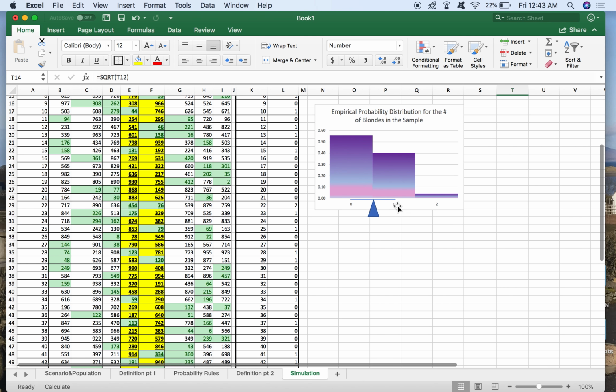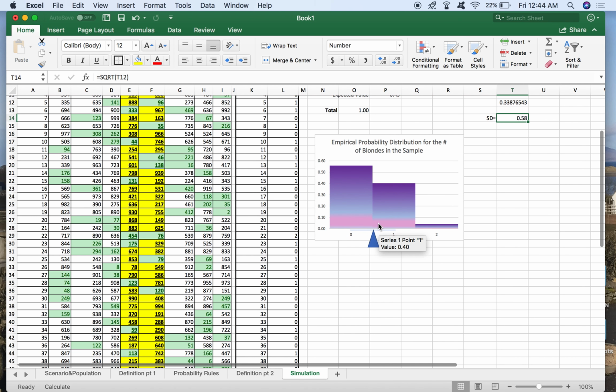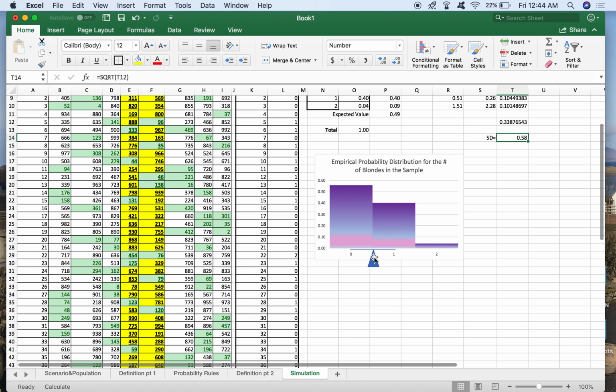So here's my histogram. We can see that it is right skewed, so the empirical probability distribution for the number of blondes in the sample. And we can see that 0 has the most, 1 has the next most, and 2 has obviously 2 or 0.04 or 4%. And so the triangle is pointing to where my mean lies, so roughly 0.49, so about 0.5.